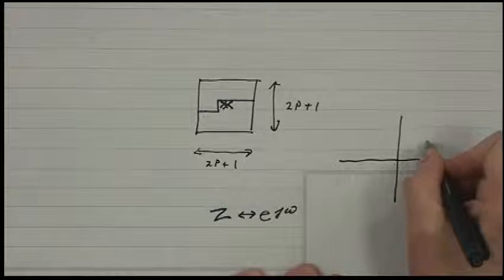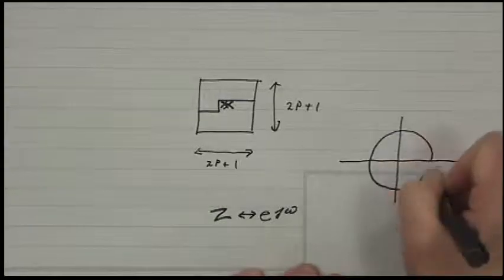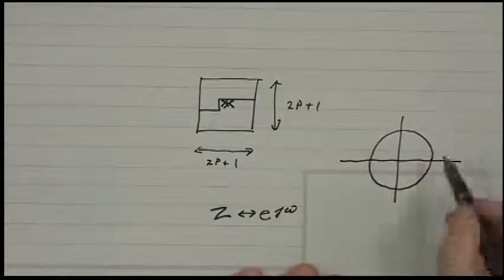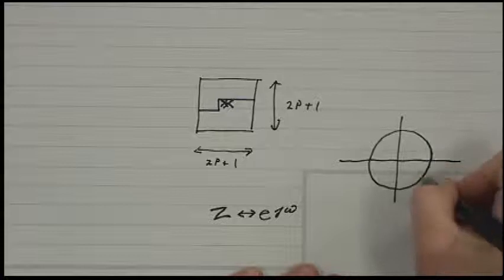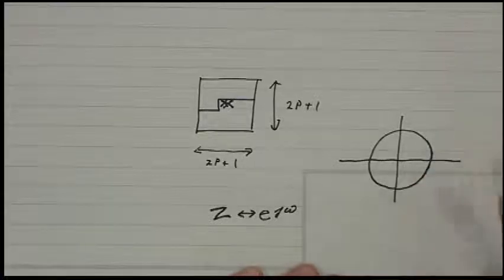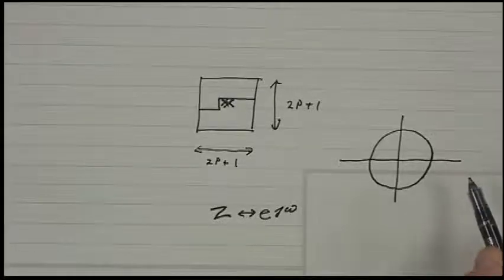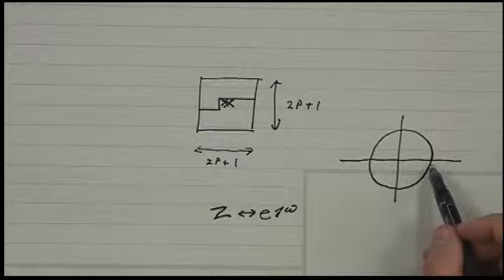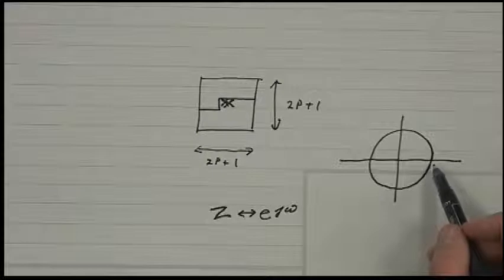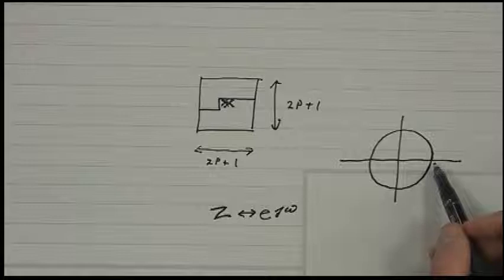You know, if the thing's stable and it's causal, then if you evaluate the z transform on the unit circle, you get the same answer, okay? So there's two ways. And if it's not stable, then it won't necessarily have a DTFT. So the Z transform in that sense is more general.